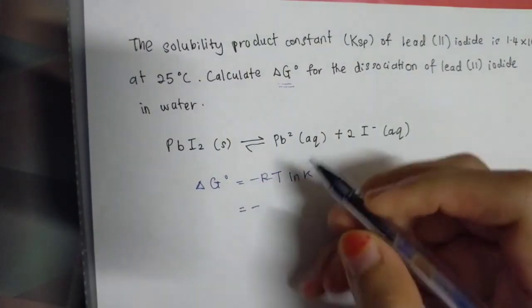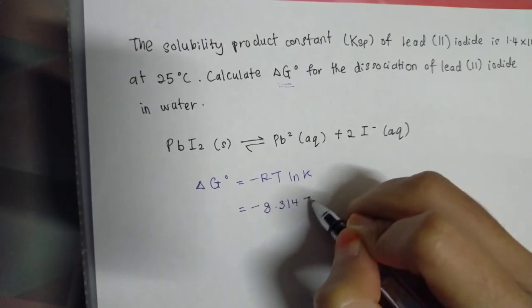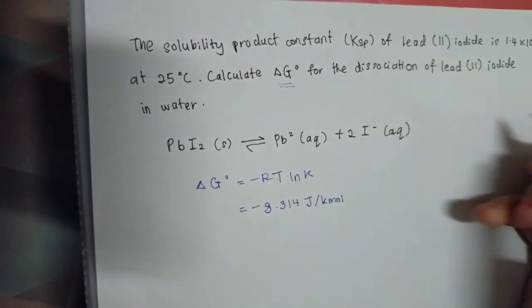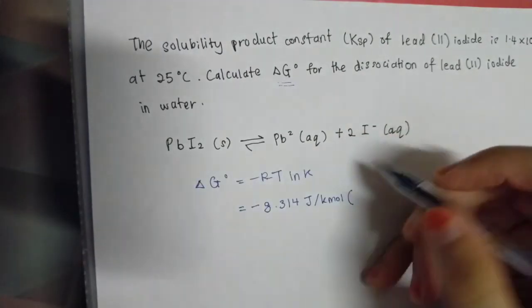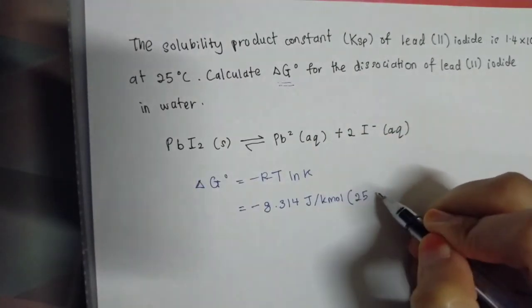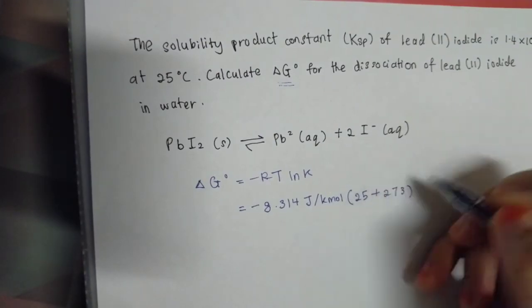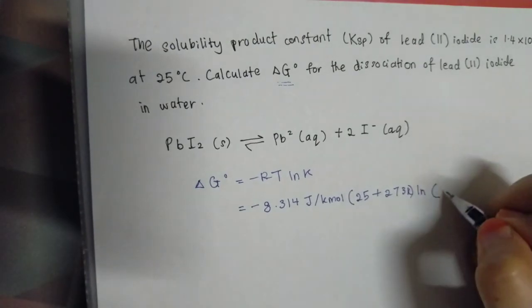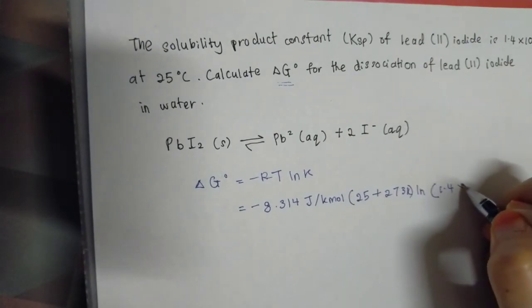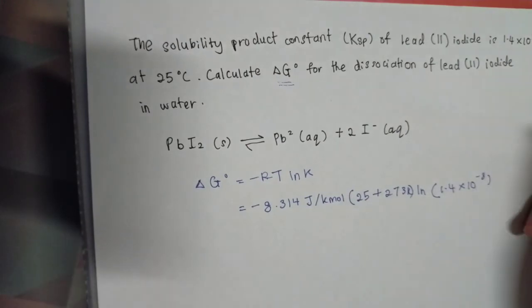R is the gas constant, which is 8.314 joule per kelvin mole, and T is the temperature, which we need in Kelvin. And K is 1.4 times 10 to the power of negative 8.